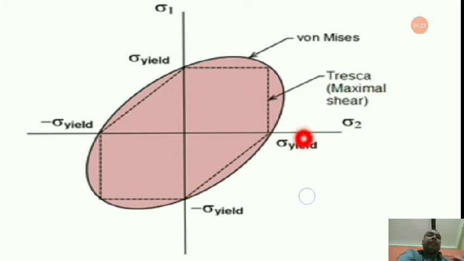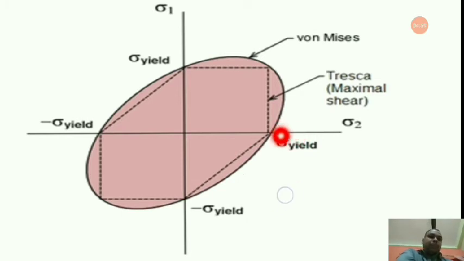So yielding is the limit of our use of a particular material. You cannot wait for the ductile material to break. Not so in the case of brittle material. In brittle material, it will directly break without giving you any warning, because there is no such clear yielding point.